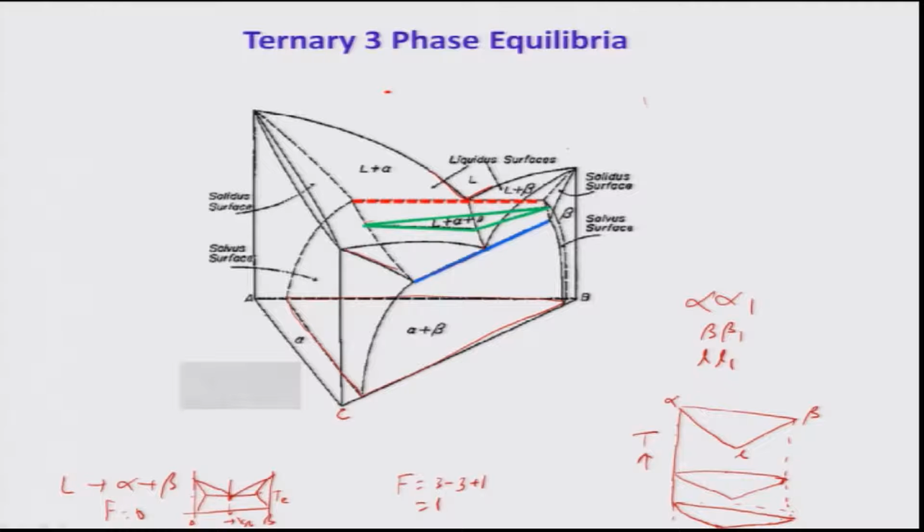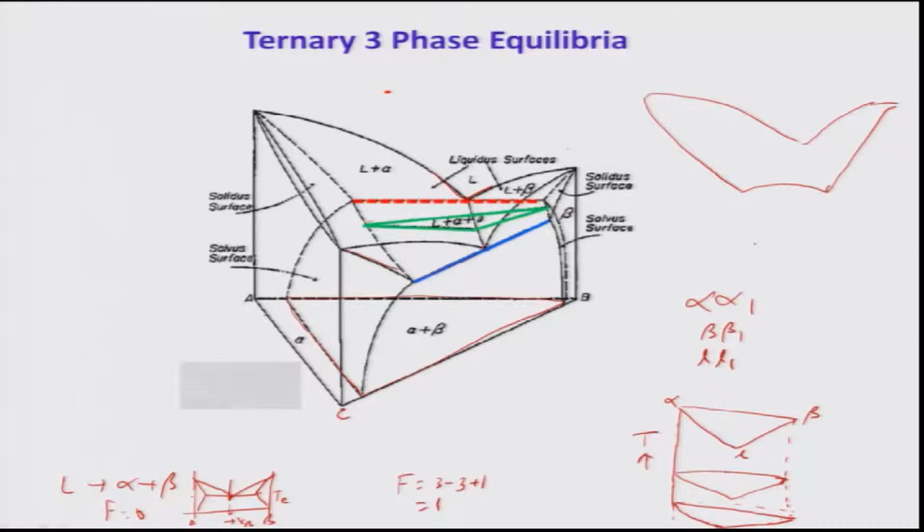On the left side it is the same, but on the right side it is very different, okay, I have to draw a little bit more, it is like that. In an isomorphous system it was like this surface. So, a completely different liquidus surface, correct. Similarly, the solidus surface will be quite a bit different.